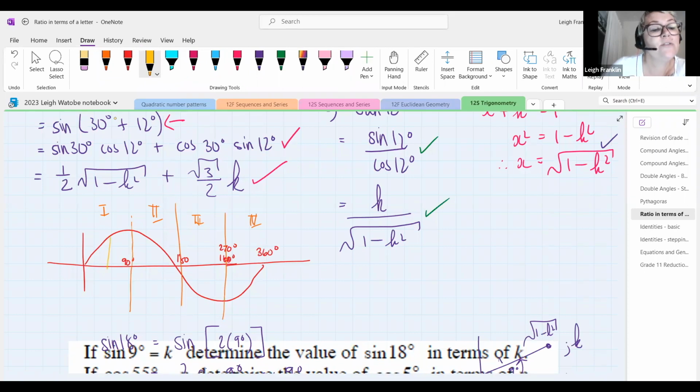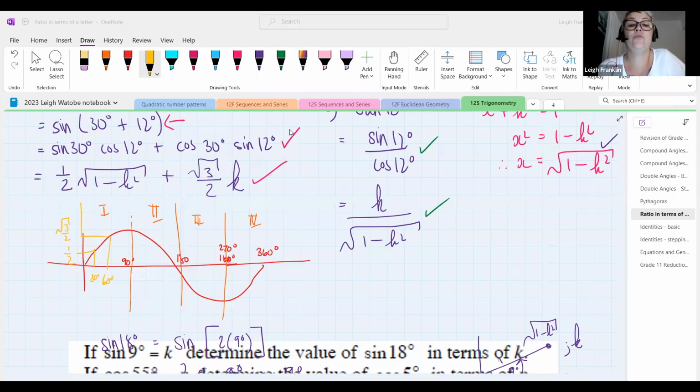So if 60 is over here, essentially you are reading off a value over there. That's where root 3 over 2 would be. So 30 would be somewhere over here, would be half of 60, but you're not halving the ratio. So this would be 1 over 2. You've got to keep that in mind when you are working.